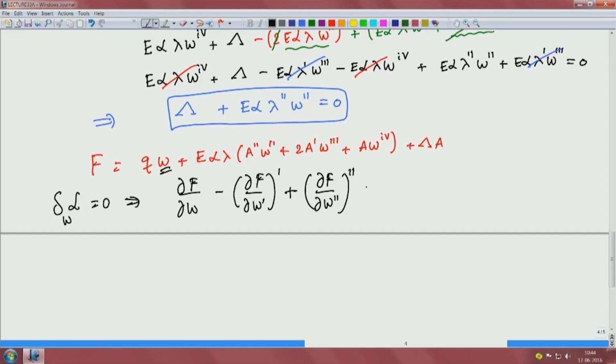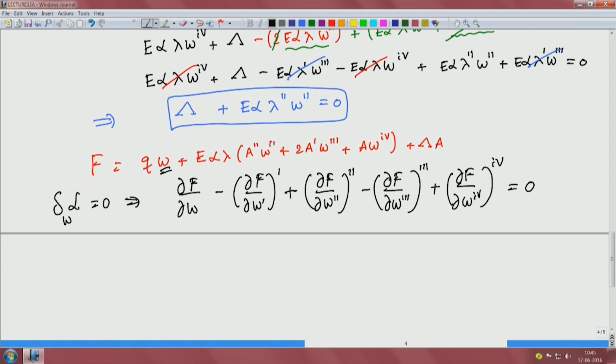We also have triple prime and fourth prime. So, it is a very good exercise for calculus of variations problems. Triple prime, plus dou f by dou fourth derivative, and you have to take 4 derivatives there. That should be equal to 0.